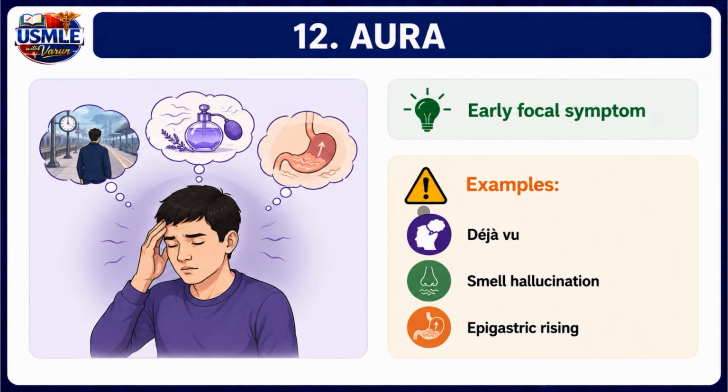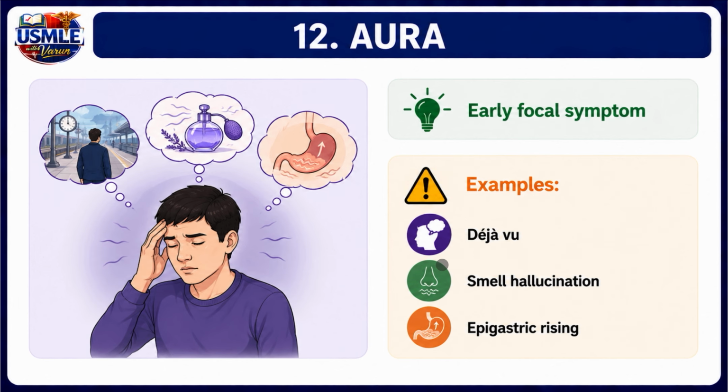So that's called deja vu, and deja vu is a common presentation in cases of aura, and aura represents the earliest manifestation of a focal seizure. Depending on the cortical region involved, patients may experience a rising sensation in the abdomen. So this could be epigastric rising, unusual smells that are not present, hallucinations of smell, and deja vu.